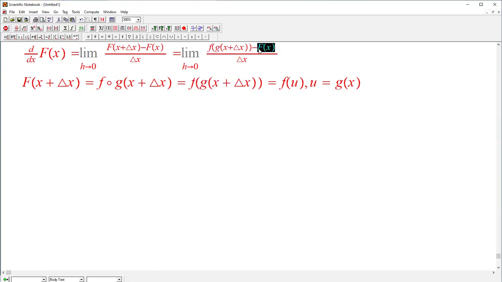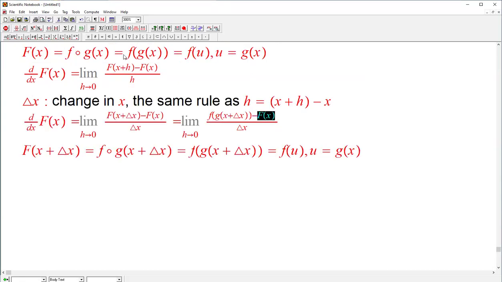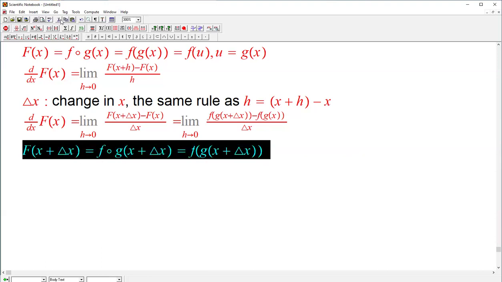Capital F of x, of course, is just f of g of x. If this function is differentiable, this is how we find the derivative by definition. We'll put this away for the moment and put this above it.